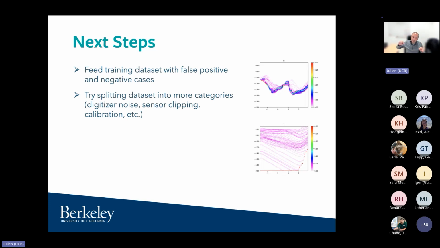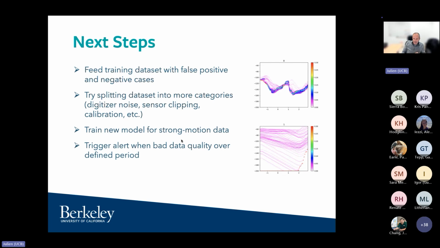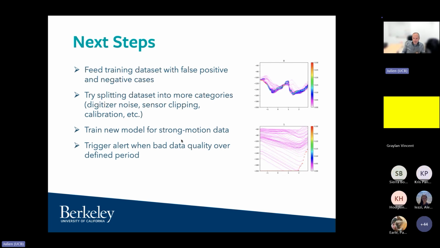So maybe we could separate, in that case, the sensor clipped, in that case, it was digitizer noise, etc. Apply a similar process for strong motion data, and that would be the last step, try to trigger alerts when we identify bad quality over a certain time period at the station.